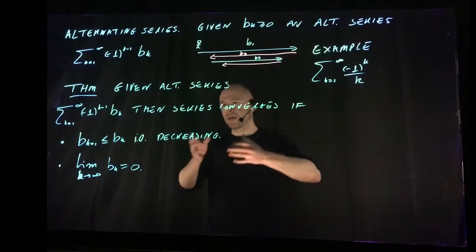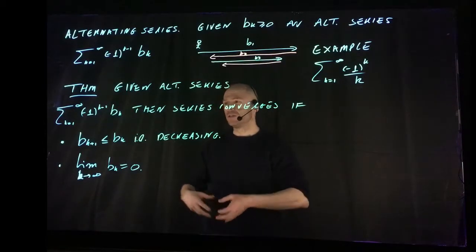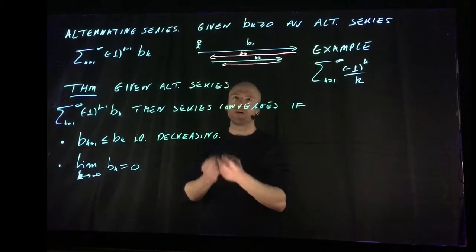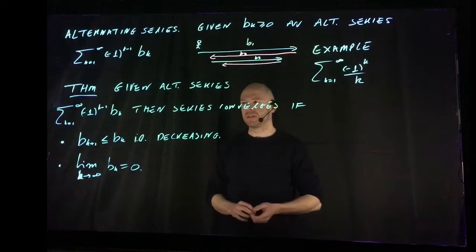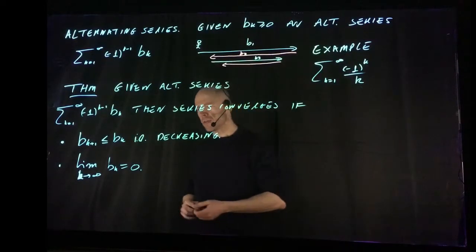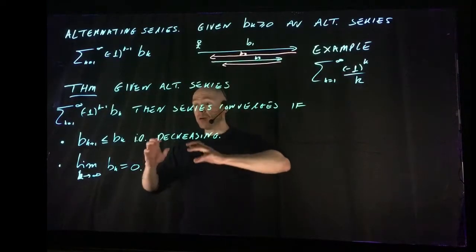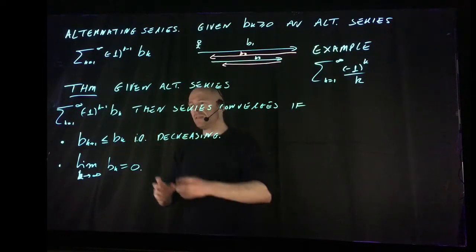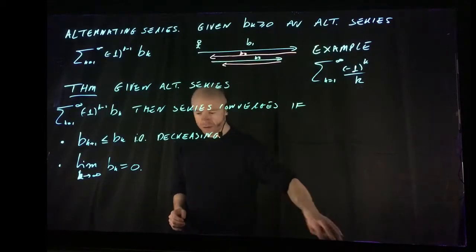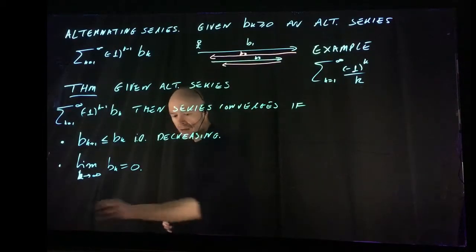And then we'll explain something slightly more sophisticated, which is that we can actually estimate very easily how close the partial sum is to the actual series itself, which is something we've learned to do with the integral test when we have positive terms, but it's somehow even easier if we have an alternating series. So that's one of the things we'll see. But for the time being, let's start with some examples.